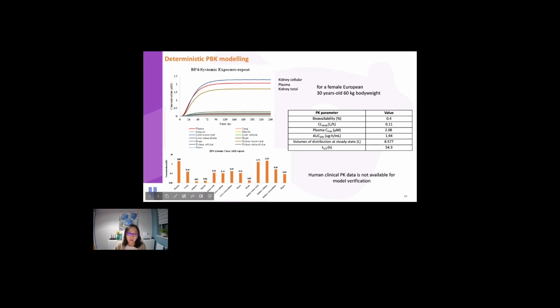You can see on the left figure the plasma time course profile, and it shows that at steady state, kidney and plasma are the compartments having higher exposure levels. I won't go into details of those output numbers. I've already mentioned that human clinical PK data is not available for model verification, which is a limitation that we know of.